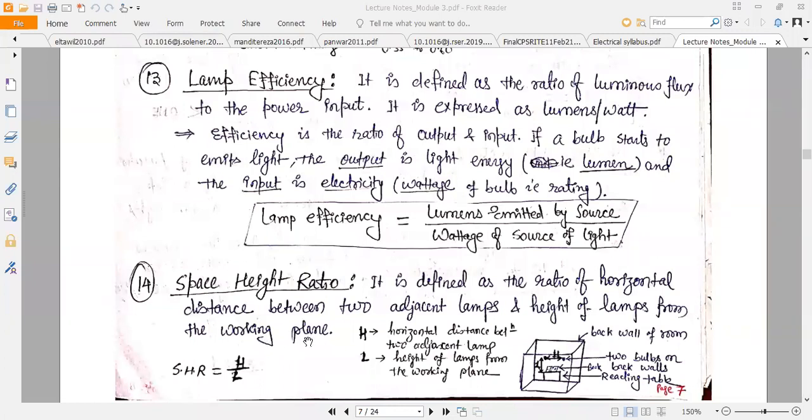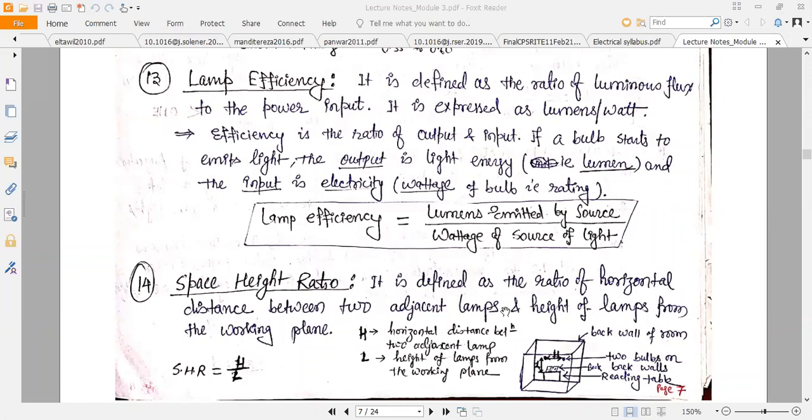Working plane जहां पे हम लोग कुछ वर्क कर रहे हैं. ठीक है, बेंच. तो क्लासरूम में बेंच रखे हुए, वहां पर बैठ करके अगर लिख रहे हो, so you can consider that as the working plane where we have to work. Okay, so what is the height of that tube light from that bench? That vertical height. Okay, you can consider that height as the height of the lamp from the working plane.